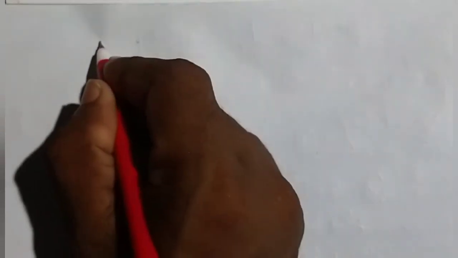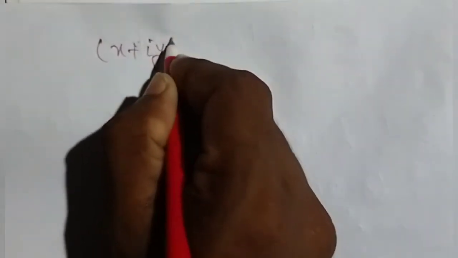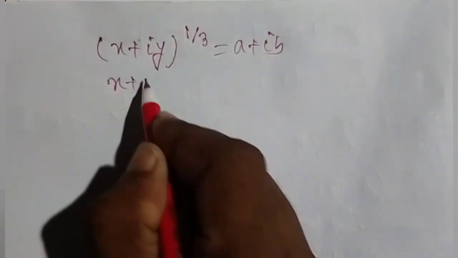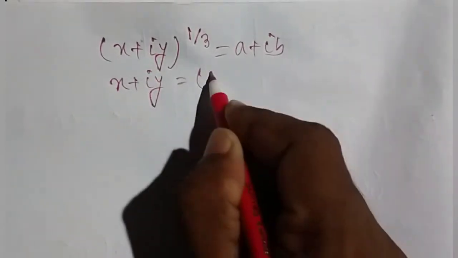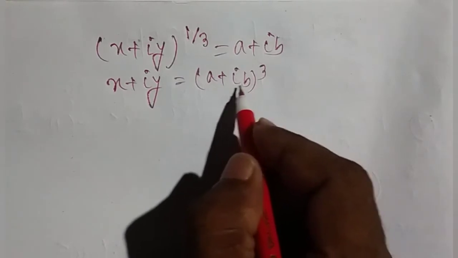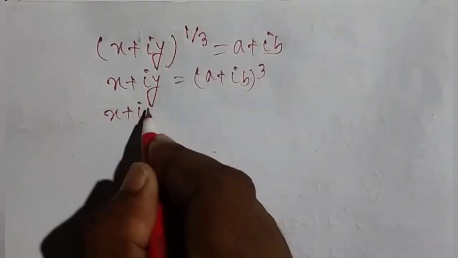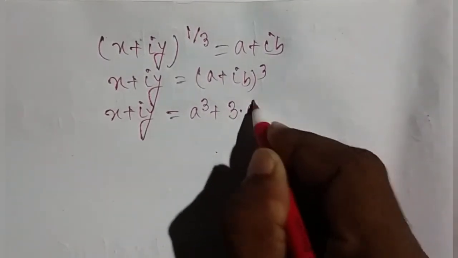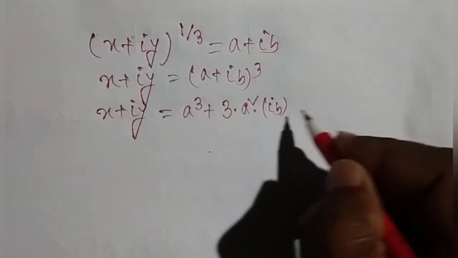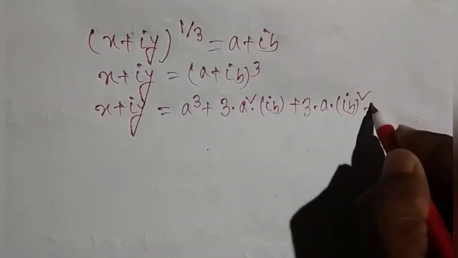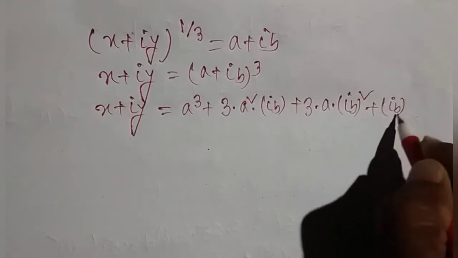Given that x plus iy whole to the power 1 by 3 is equal to a plus ib. Now it can be written as x plus iy is equal to a plus ib whole cube, and this is the formula of a plus b whole cube. So x plus iy is equal to a cube plus 3 into a square into b plus 3 into a into b square plus b cube, that means ib whole cube.